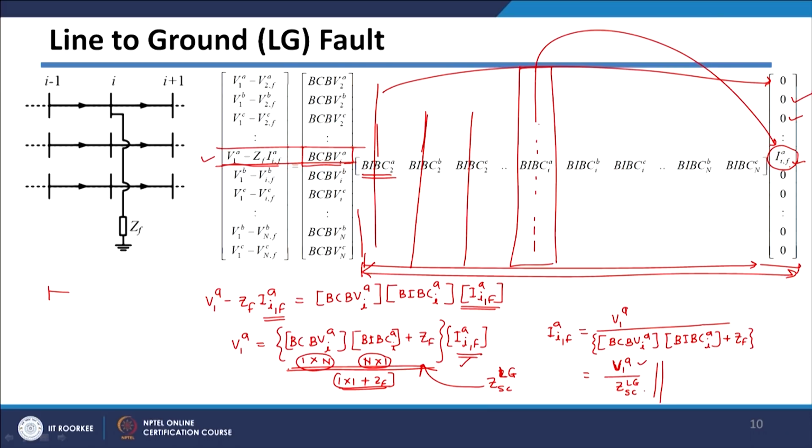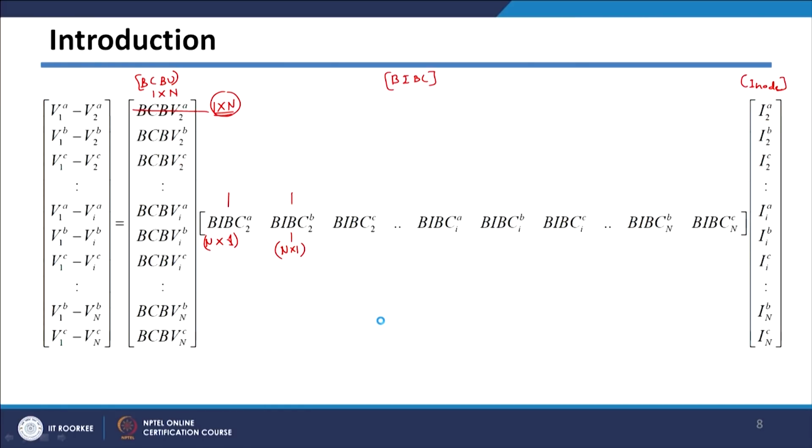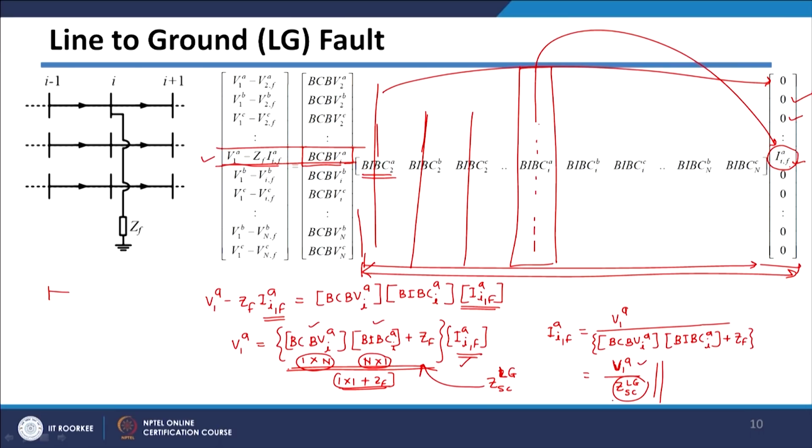This is known, and this we are calculating just based on the BCBV and BIBC matrices, and as we have seen earlier, these BIBC and BCBV matrices are just based on the line impedances and the topology of your network. We can get these matrices, they are generally available with us, and the fault impedance value is also available, and from this I can get the fault current for A phase.